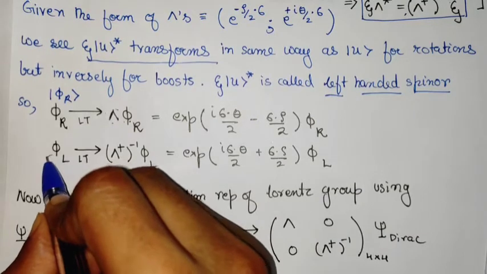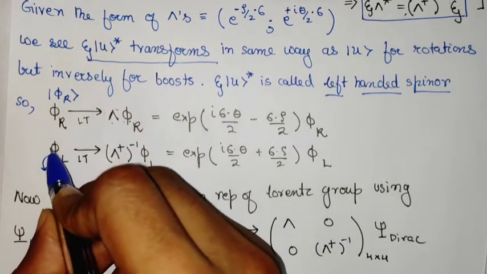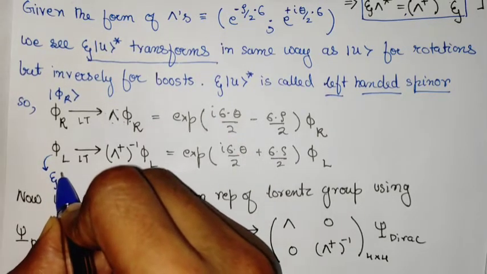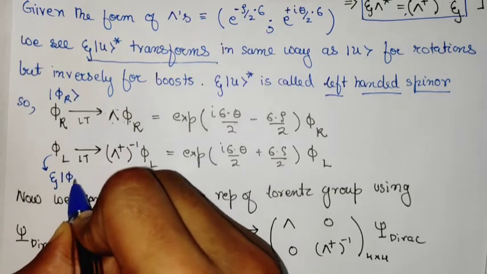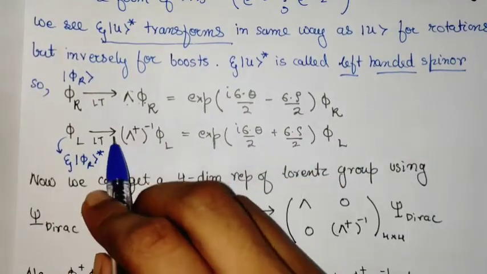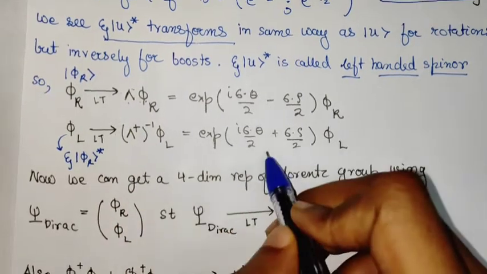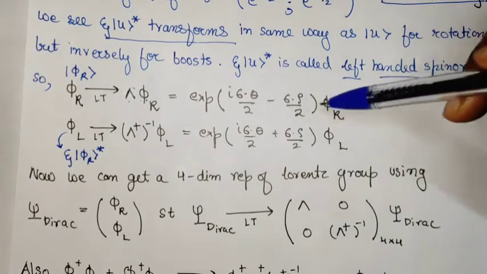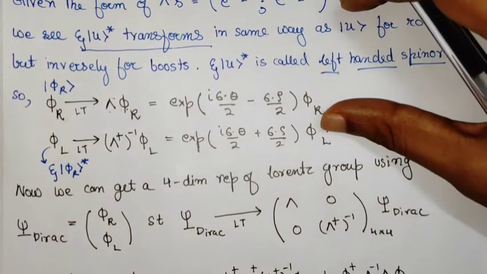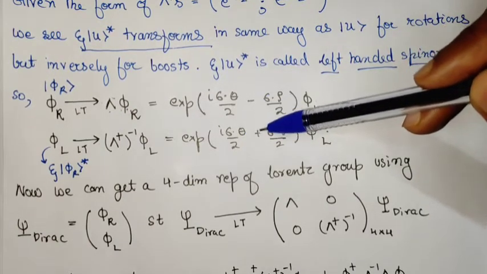And we have something called a left-handed spinor phi L, which is of the form epsilon phi r star. This phi L under Lorentz transformation transforms in this fashion. So you see, the only difference between the left-handed and the right-handed spinor is that under the boost they transform in an opposite fashion.